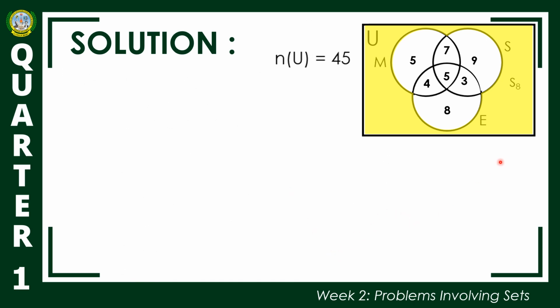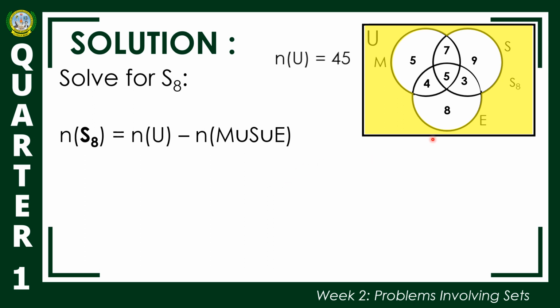Ayan. So, isa na lang yung kailangan nating hanapin. At yun yung number of elements in S sub 8. So, based po sa ating formed equation, para makuha natin ang number of elements in S sub 8, we are going to subtract the number of elements in the union of M, S, and E from the total number of elements in the universal set.